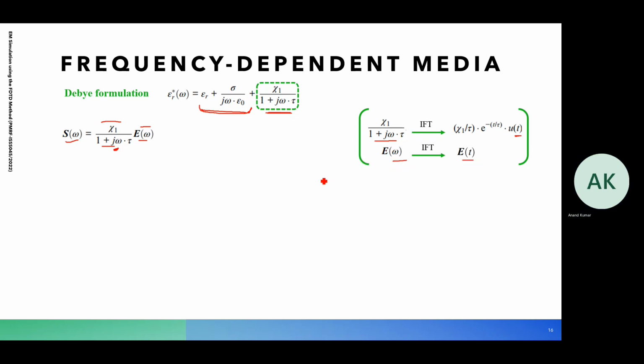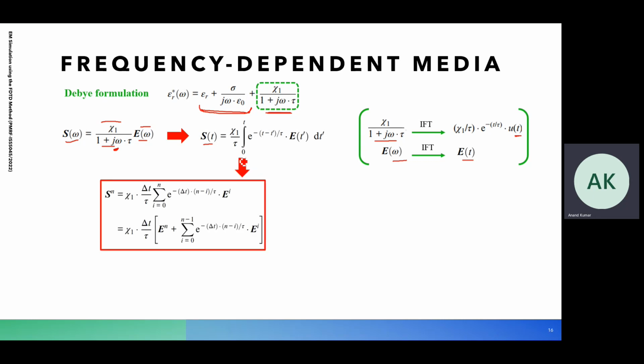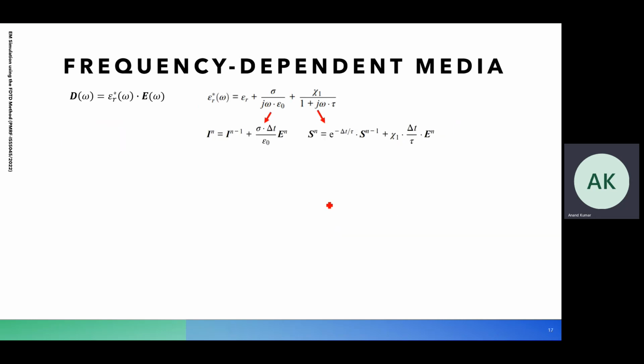Over here, we use the concept of convolution, and then we get the inverse Fourier transform of S(ω) as S(t). We break this integration into a summation, and this particular S(t) is now given as Sn. Sn is given by this. We separate this term, and we have the summation.